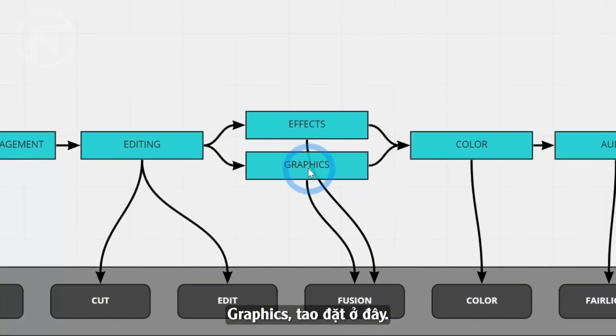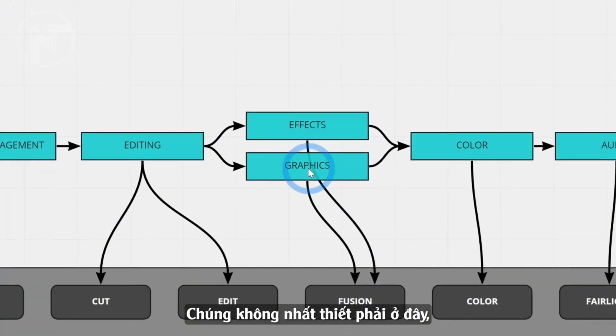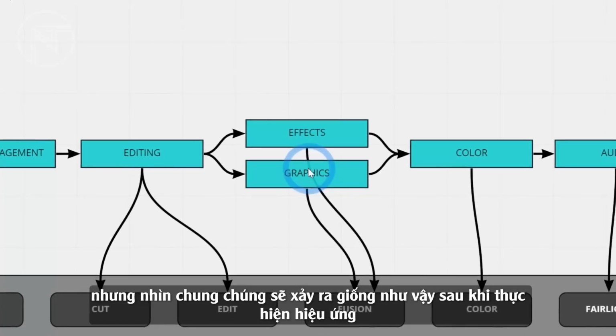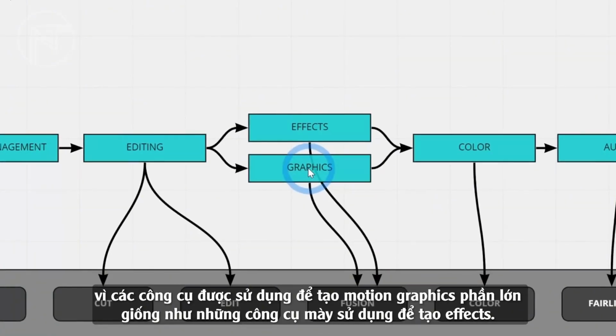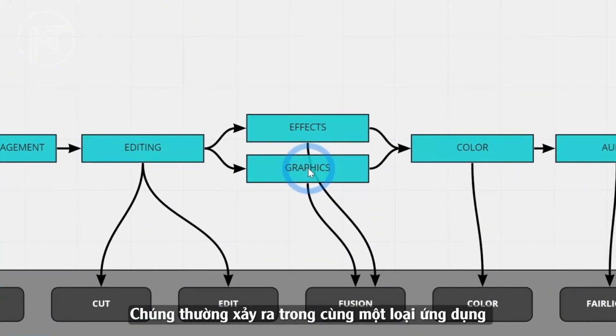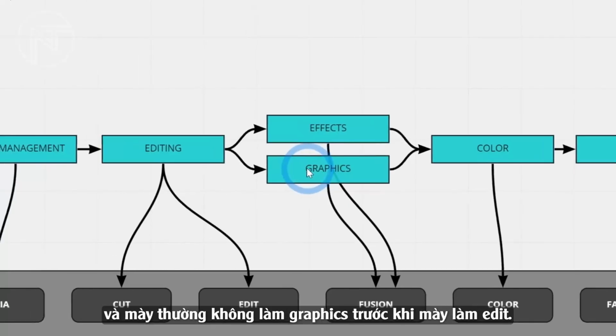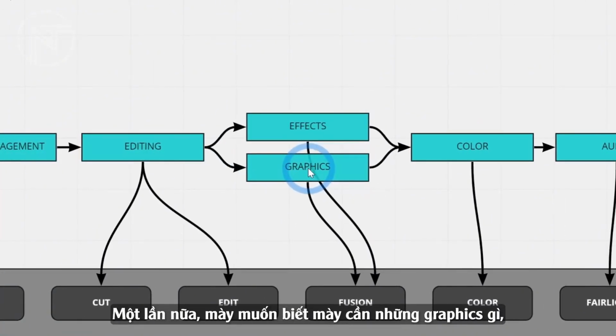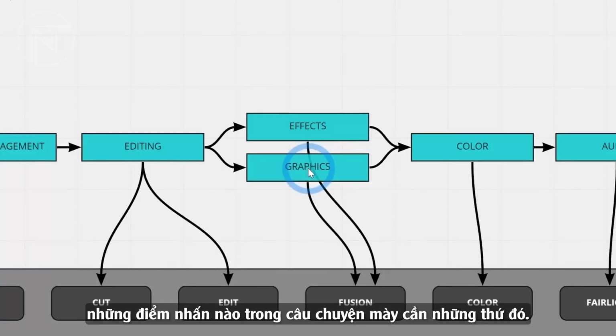Graphics, I put here, they don't really have to be necessarily here, but they generally will happen in the same app that does effects because the tools used to make motion graphics are a lot of the same ones that you'd use to make effects. And they generally happen in the same type of app. And you won't usually make your graphics before you make your edit. Again, you kind of want to know what graphics you need, what little beats in the story you need those things for.